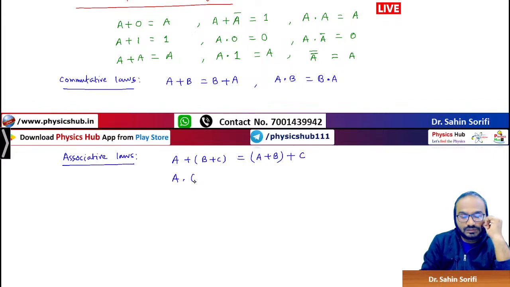A dot B dot C is equal to A dot (B dot C).